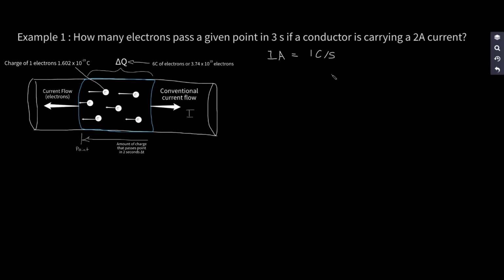But then the C here is isolated. So what's going on? I'm going to try to isolate that C by multiplying 1 ampere times a second and one coulomb per second times a second, so that the seconds cancel, and now I have 1 ampere times second equals one coulomb.